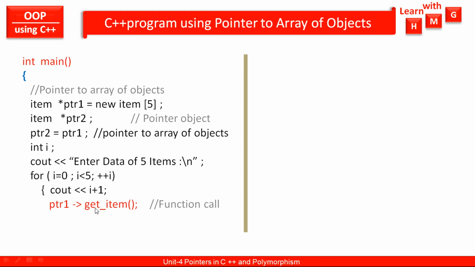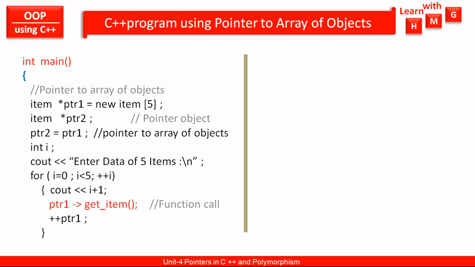After that we will move ptr1 to the next element, element number 1, using the increment operator, plus plus ptr1. Subsequently ptr1 will go on incrementing and point to the next element, and for that element the get item function will be called. Like this, a total of 5 times get item will be called using the pointer and arrow operator, and the 3 data members will be accepted and stored in the respective object elements of the array of objects.